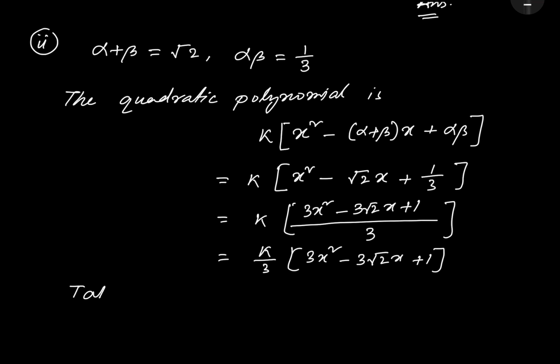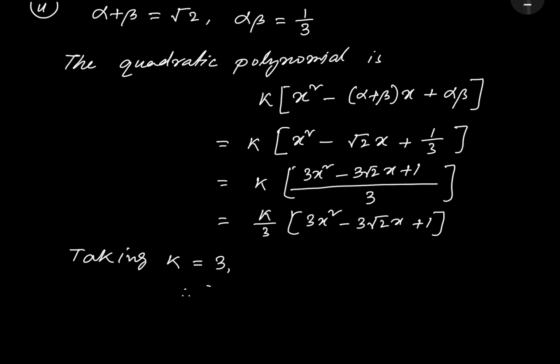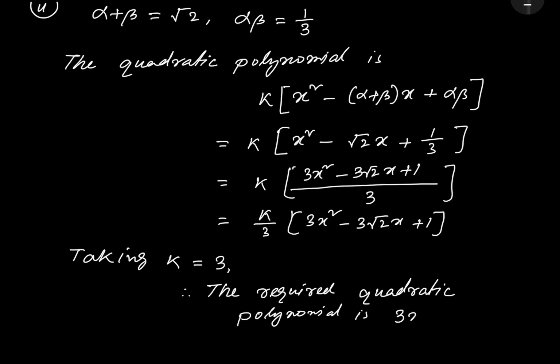Taking k equal to 3 or a multiple of 3, therefore the required quadratic polynomial is, if I put k as 3, so 3 by 3 is 1, it will be 3x square minus 3 root 2 x plus 1. This is the answer.